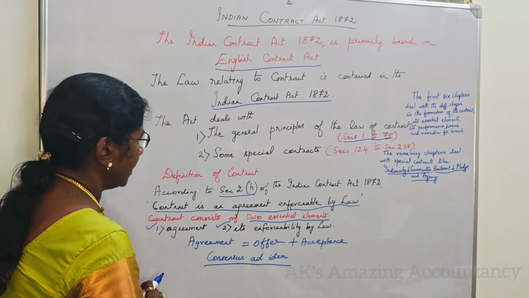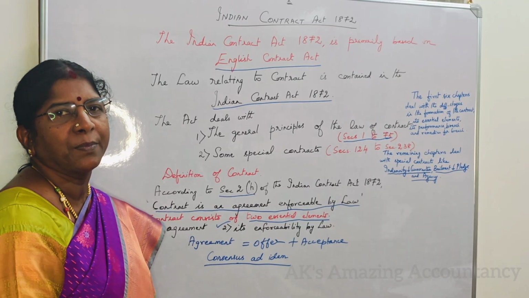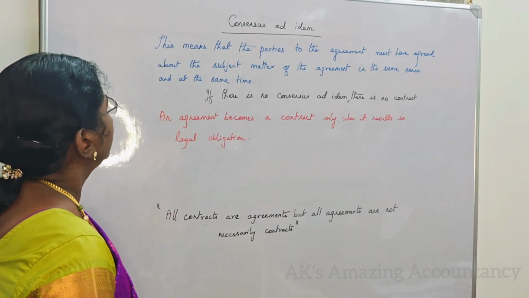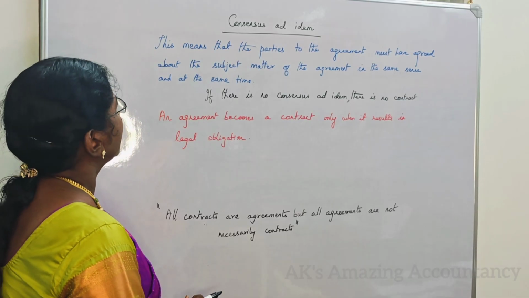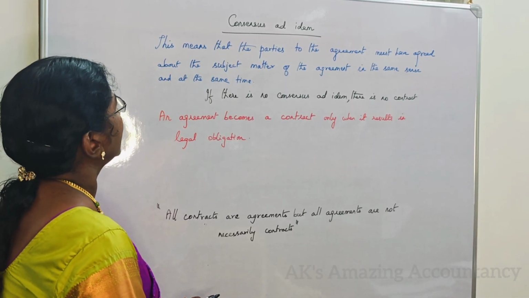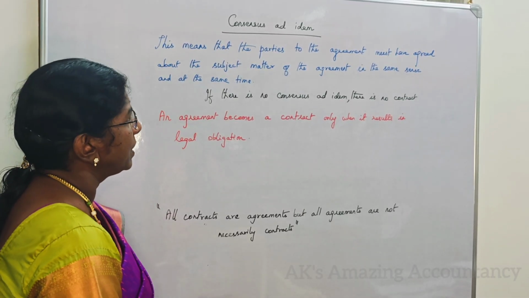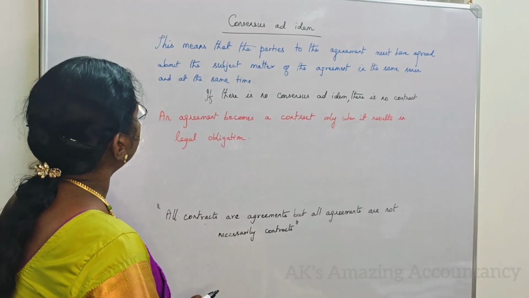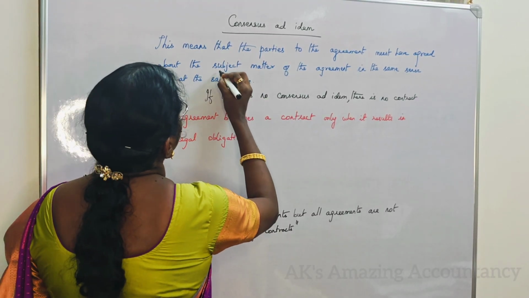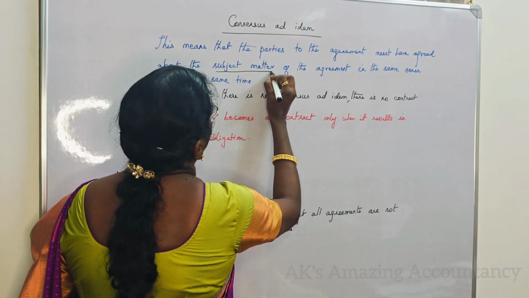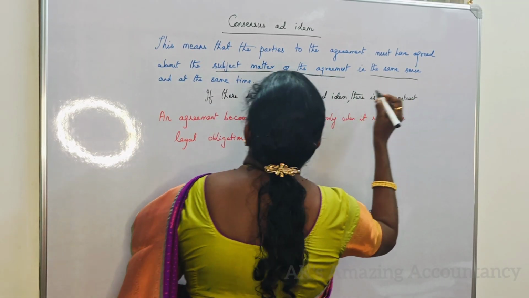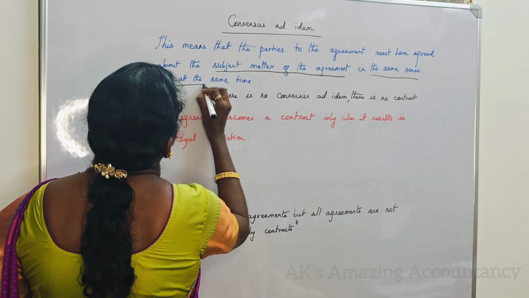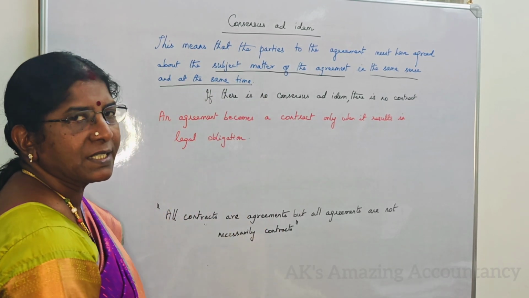Consensus ad idem means that the parties to the agreement must have agreed about the subject matter of the agreement in the same sense and at the same time. So what is consensus ad idem?